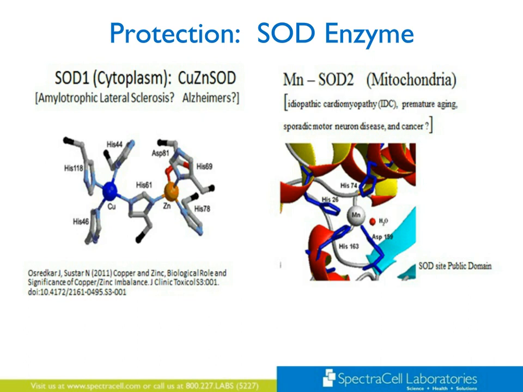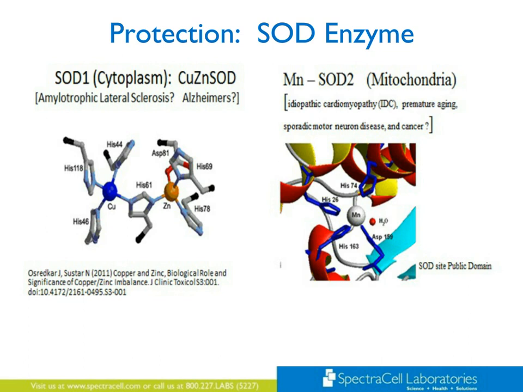As you can see from these 2 slides put together, the associated health problems that are thought to be occurring if there is deficient SOD. If there's deficient SOD1, amyotrophic lateral sclerosis and Alzheimer's are being implicated.